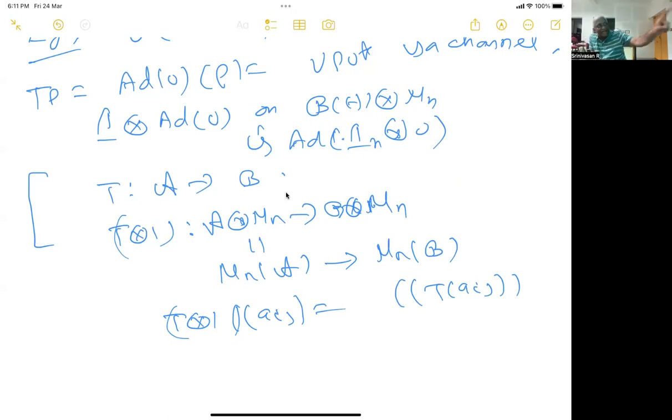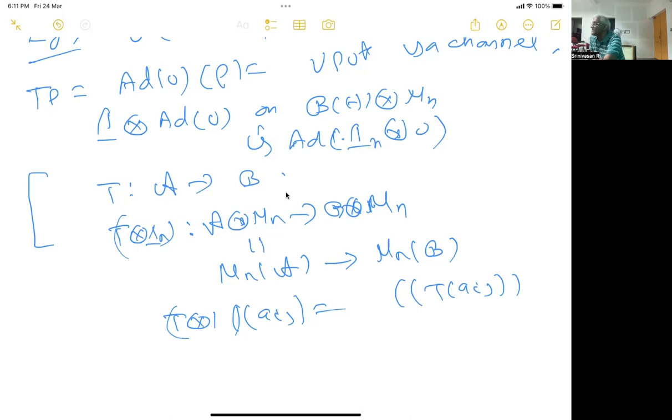Completely bounded means that T is bounded, and T tensor 1 is bounded for all Mn, for all n. If it is bounded for all n, that's what is called completely bounded. Because positive maps which are unital, T tensor 1 is bounded for all n. You don't have to worry about it; it's just a statement.